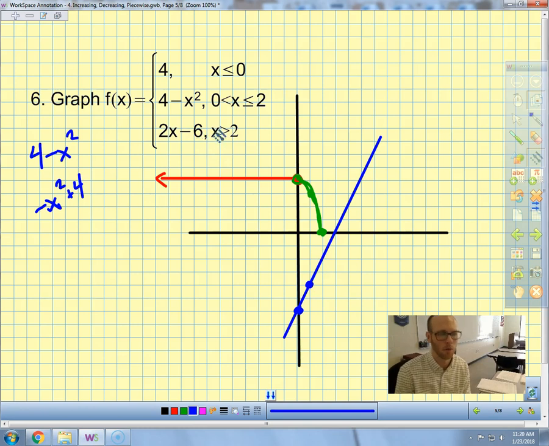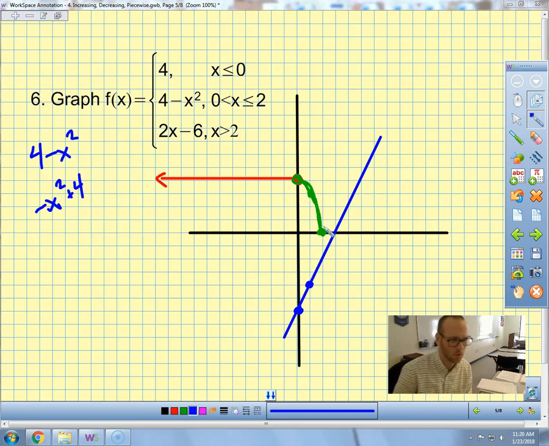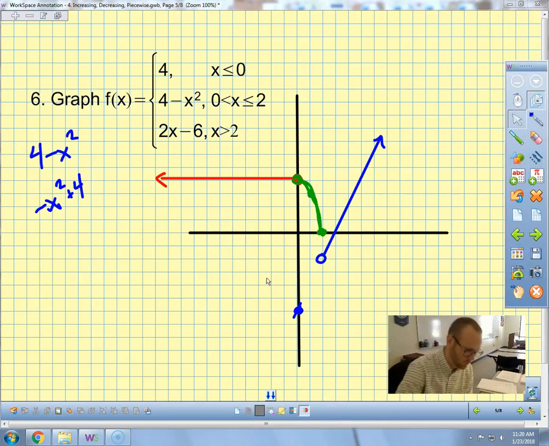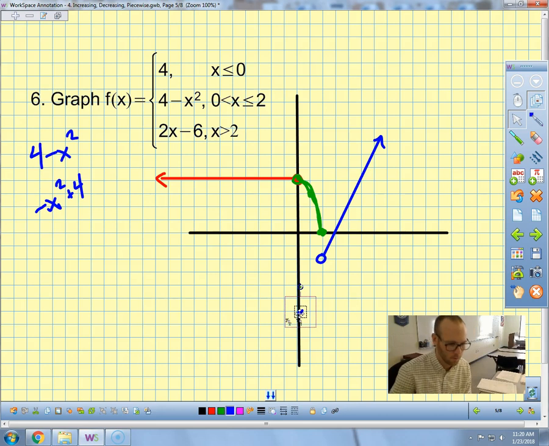Now remember though, we're starting at x greater than 2. So x equals 2 is actually this point right here. That needs to become an open dot, and I need to get rid of everything else this way. Okay, and here's my piecewise function.